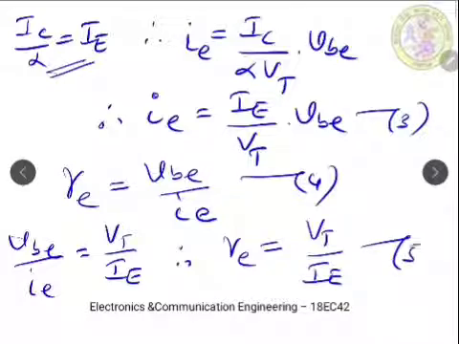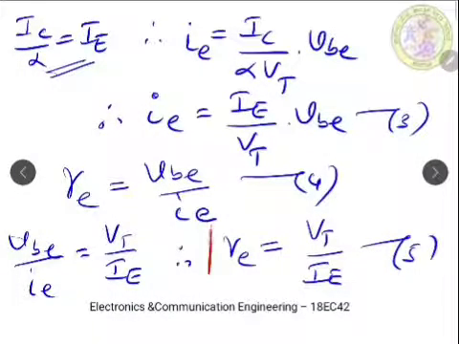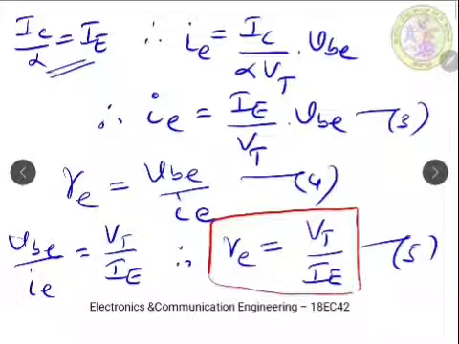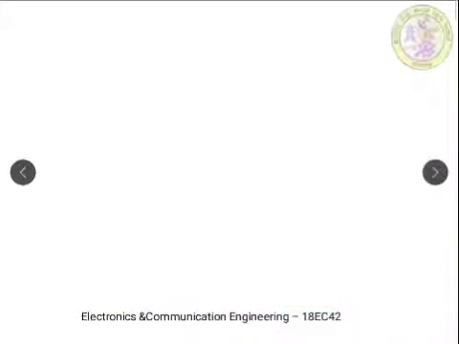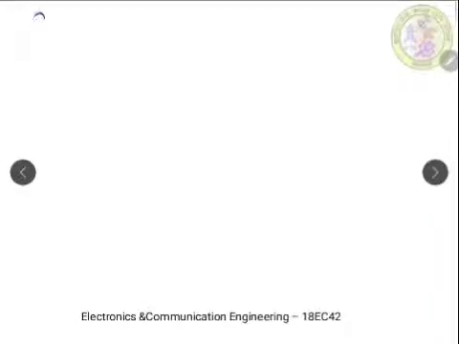So this is one definition of emitter resistance, one relation for re in terms of VT and IE. We can still replace the terms in re by introducing gm also, because we know that gm is given by IC by VT.